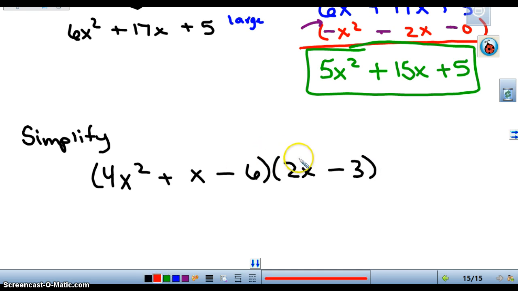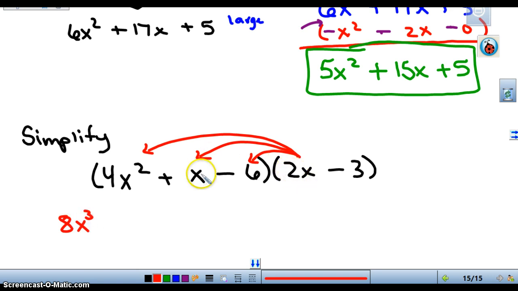So I will start by distributing the binomial to the trinomial. So I would say 2x times 4x squared is 8x cubed. Then 2x times x is 2x squared. And 2x times negative 6 is negative 12x. Then I would distribute negative 3.